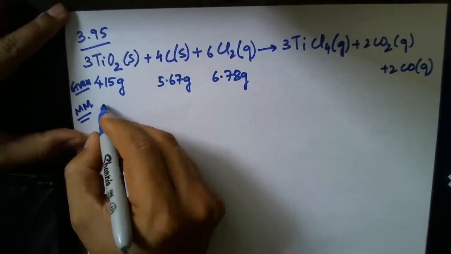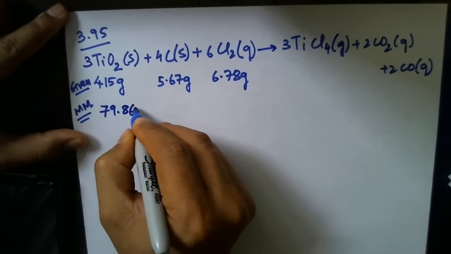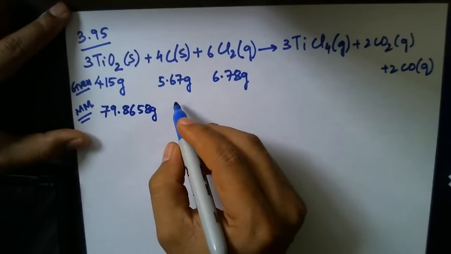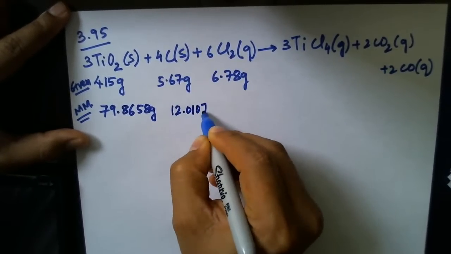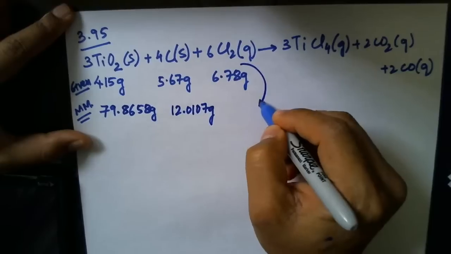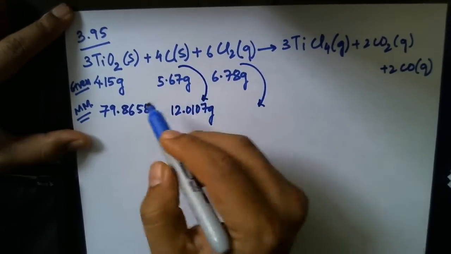So the molar mass of titanium dioxide is 79.8658 grams. Molar mass of carbon is 12.0107 grams. Molar mass of chlorine, I'm going to draw an arrow out here so you know what you're talking about.